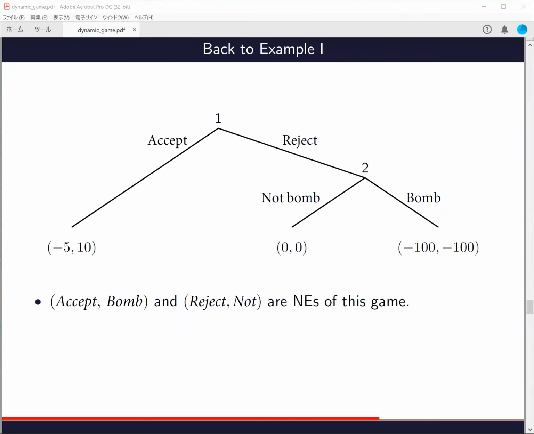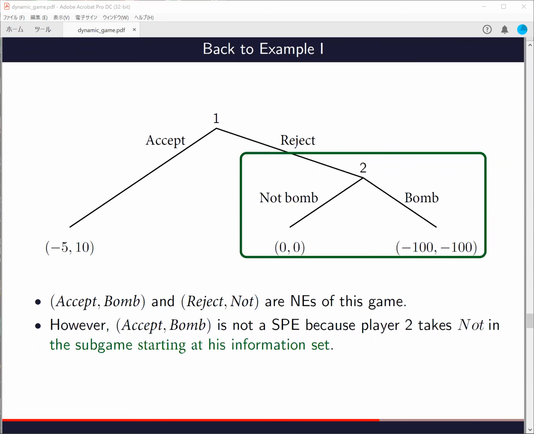Now, let's go back to example 1 we saw at the beginning of this tutorial. Recall that accept-bomb and reject-not bomb are the two Nash equilibria of the game. Accept-bomb is, however, not a subgame perfect equilibrium of the extensive form game because player 2 chooses not to bomb in the subgame starting at player 2's information set.